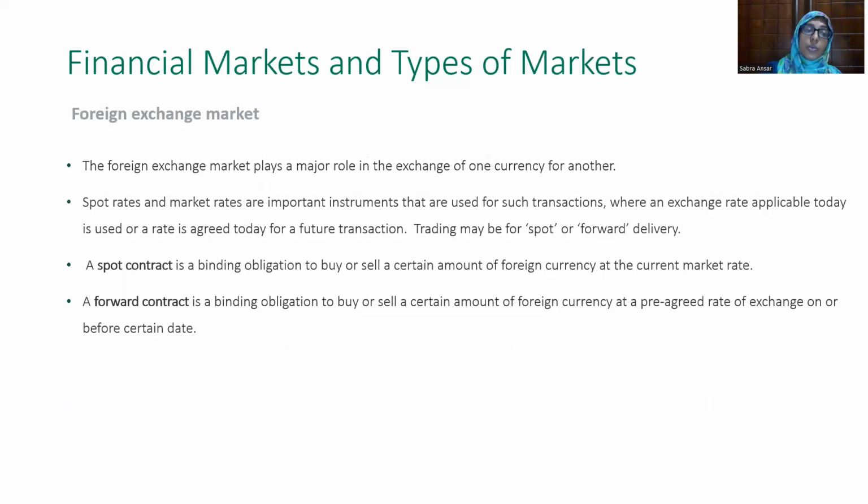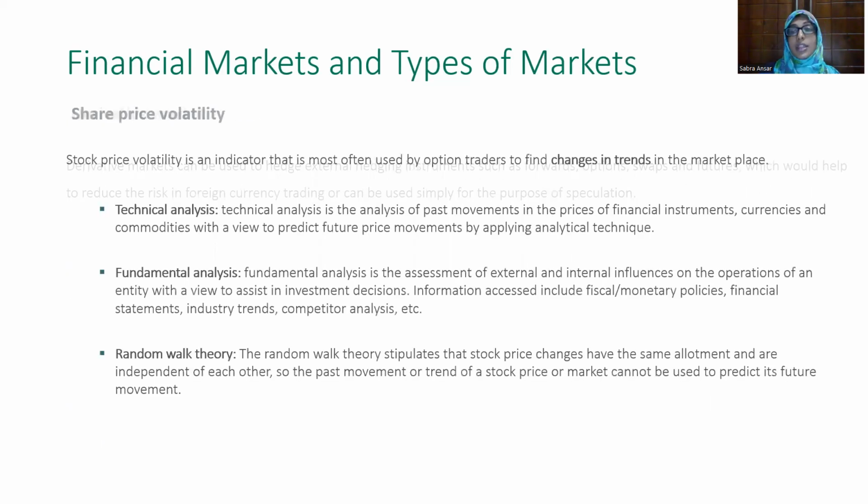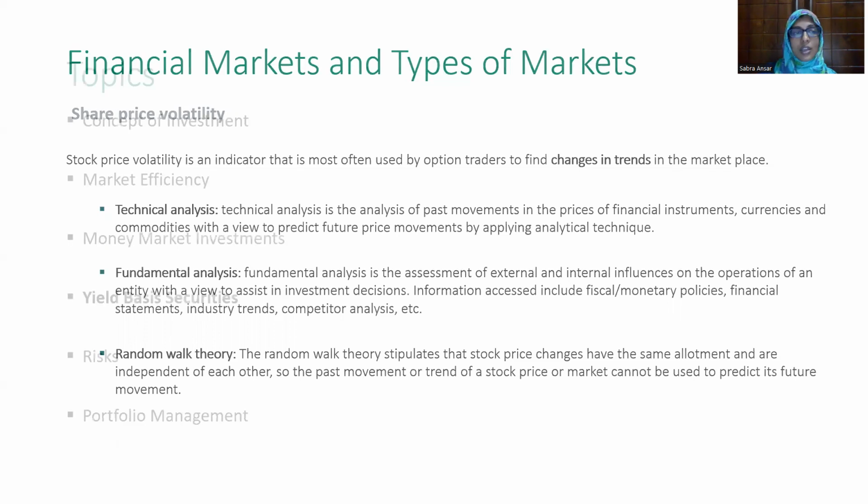Then we spoke about foreign exchange market, what it is. We spoke about derivative market, and then share price volatility, where we spoke about technical analysis, fundamental analysis, and random walk theory.